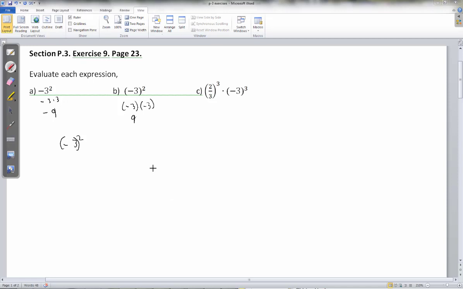So when you're plugging into a calculator and you want to square a negative number, make sure you put it in parentheses. Otherwise, the calculator will obey the order of operations and give you back negative 9 when you want this. I've had a lot of students blindly trust their calculator and get the wrong answer because they plugged it in incorrectly.